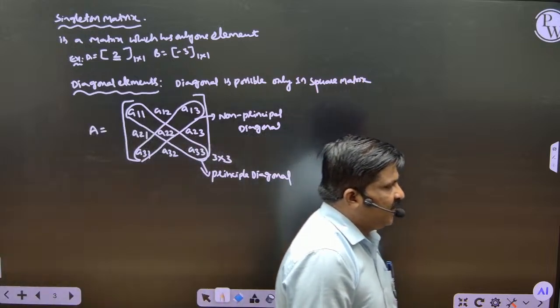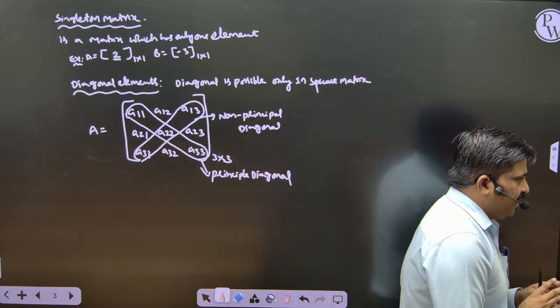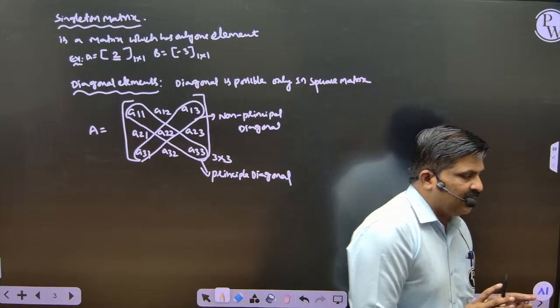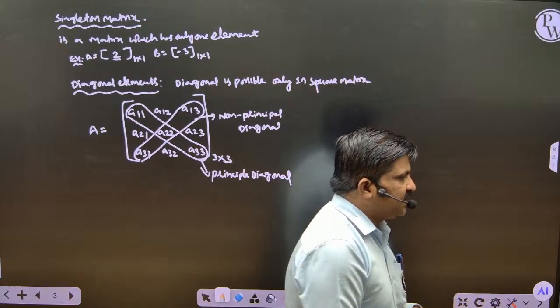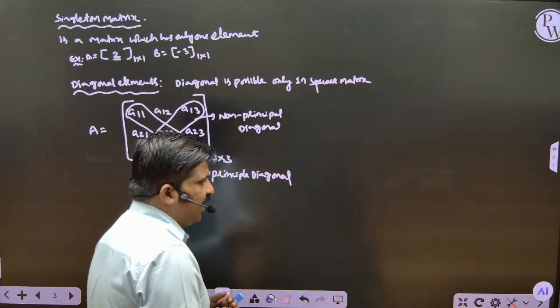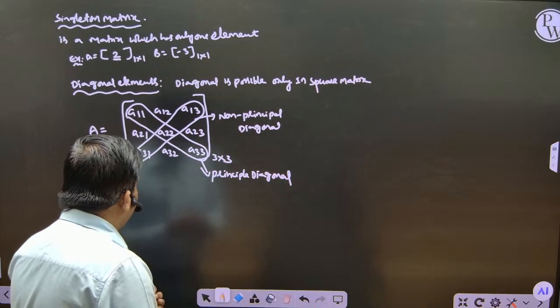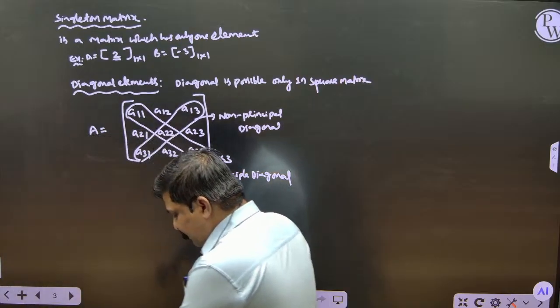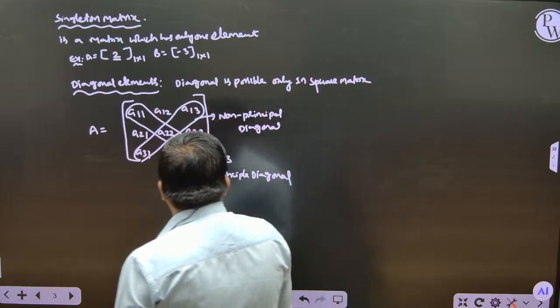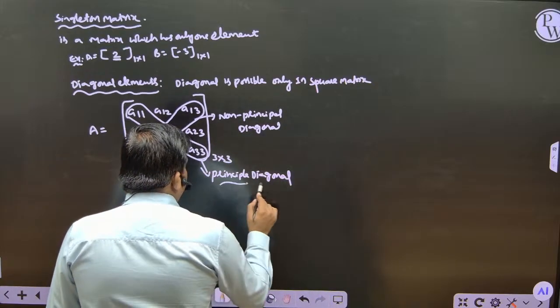When you use the word diagonal, we consider only the principal diagonal, but we never consider the non-principal diagonal. So this is the principal diagonal.